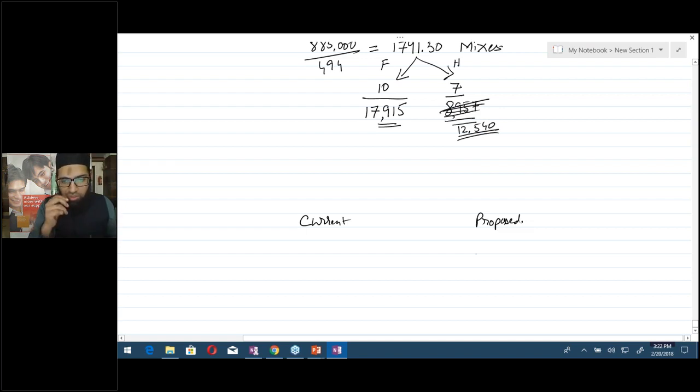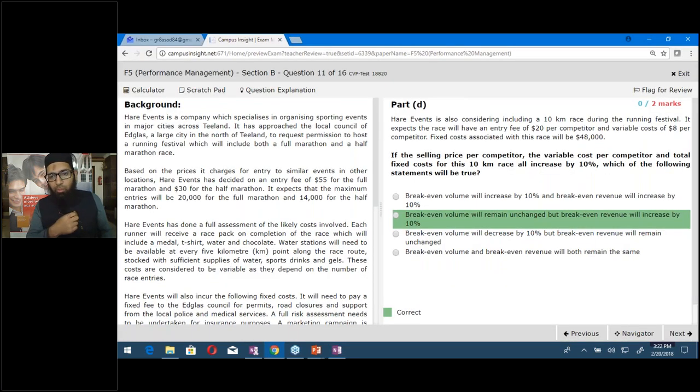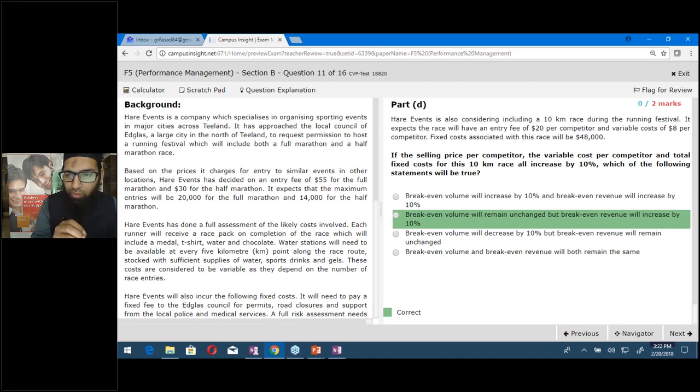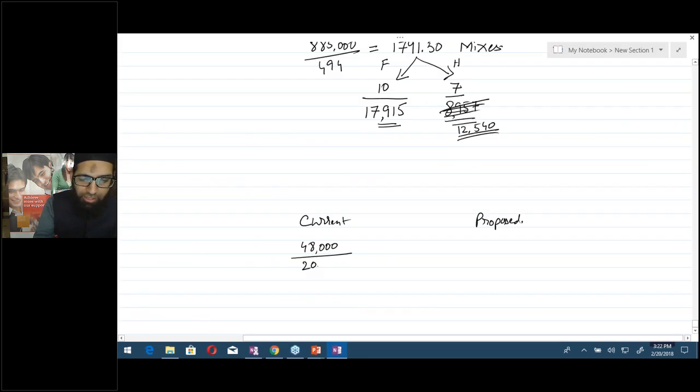In the current situation, break-even point is 48,000 divided by the contribution per unit, which is 20 minus 8. If you calculate it, it is 4,000 units.